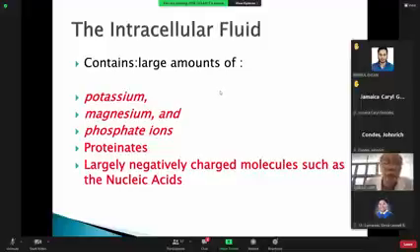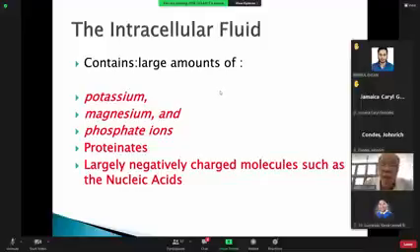So take note of this. Inside the cell is always negative because of proteinates and the DNA and RNA. DNA and RNA are negatively charged molecules and they are impermeable to the membrane. Therefore, they are retained inside the cell. So this explains the reason why inside the cell is largely negatively charged because of DNA, RNA, and proteinates.